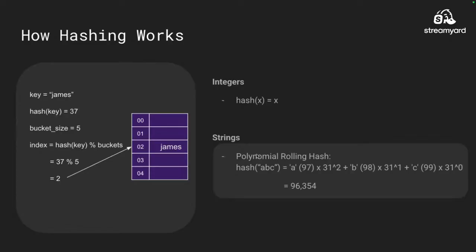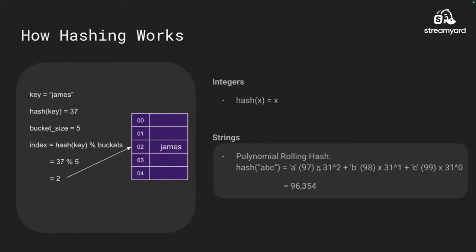But for strings, one approach could be to use polynomial rolling hash. For example, in this example, we have the string as ABC. What happens is that you take the ASCII of the character and multiply it with a prime number raised to the index where it is present. For example, in this, C would be index 0, B would be index 1, and A would be index 2.